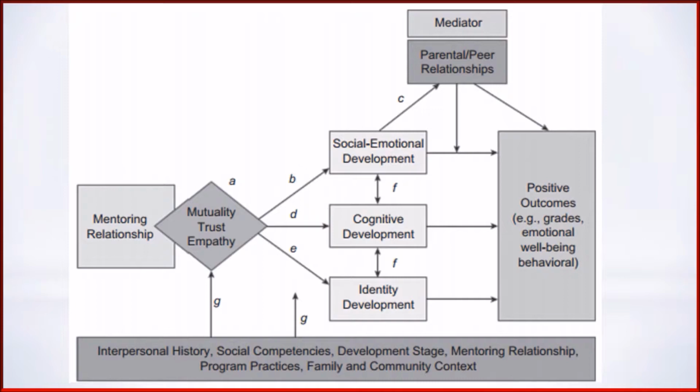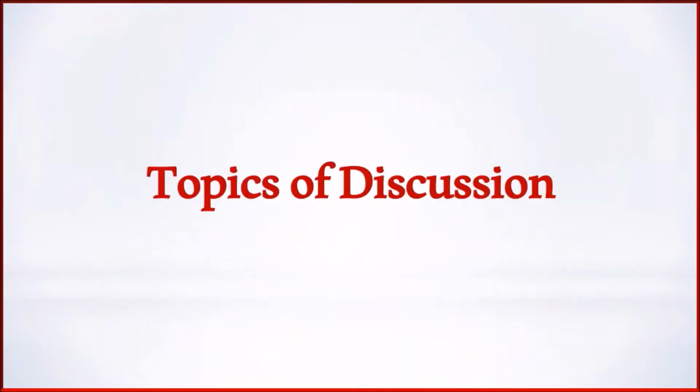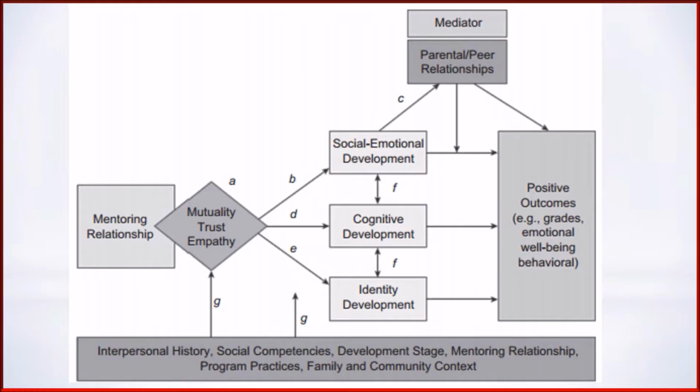So as we talk about each of these 3 aspects and the conversations that are going to help our adolescents develop, just keep this model in mind and see where we're going here when we talk about these aspects and the effects they can have.